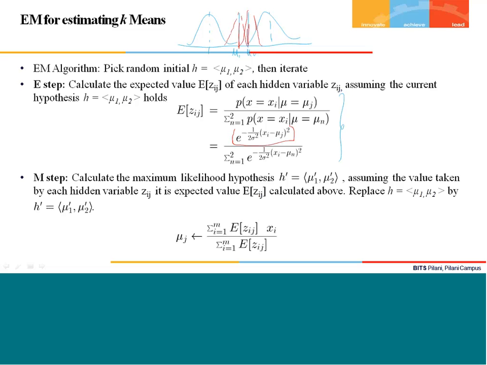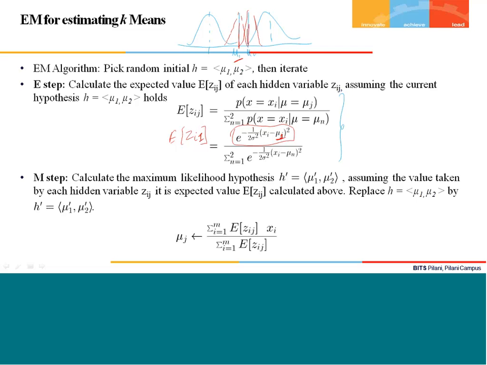I know the mean, whatever I assumed for mu1. Let's say mu j is mu1 here. So I'm calculating the expected value, given the ith value of x, that it belongs to the first normal distribution. In that case, this is mu1, and I just put the value of x.